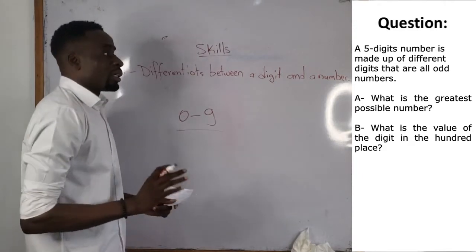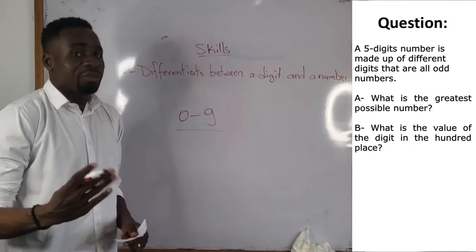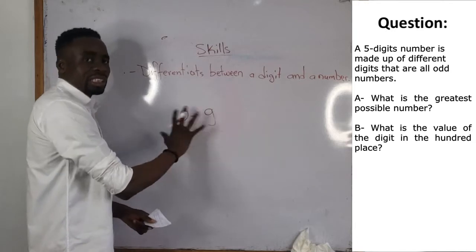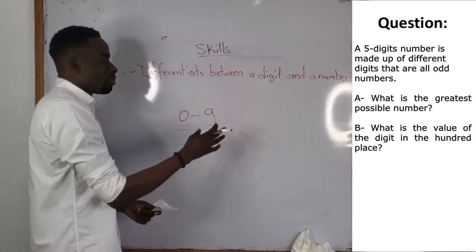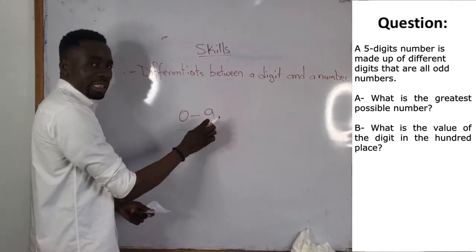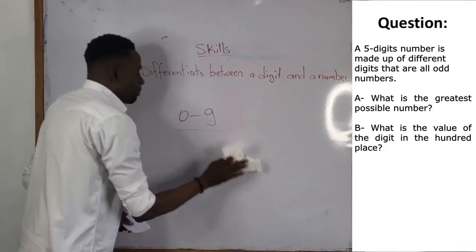Now in our question, it says that our number is a 5-digit number. It means any of those 5 digits between 0 and 9 is part of our number. So I'm going to go forward.